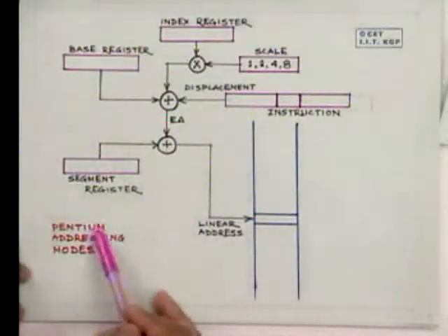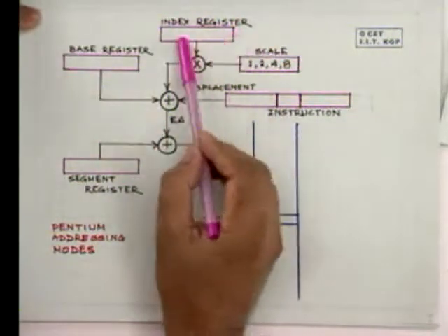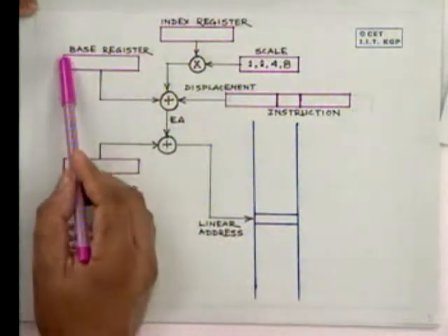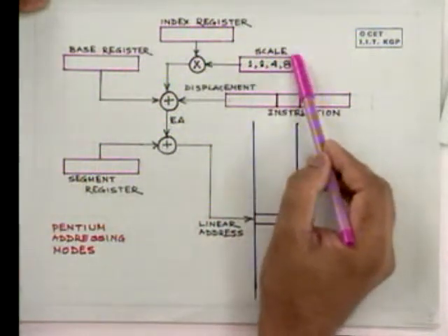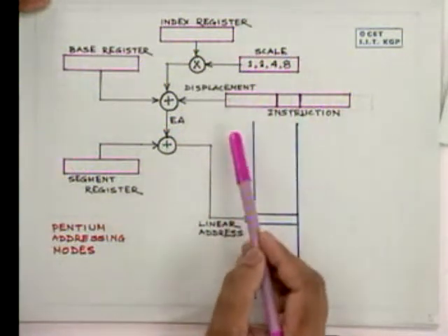Let us see what addressing modes the Pentium machines have. Now, this is the Pentium addressing mode. Here you see that it has an index register. Here there is a base register, there is a scale register, which can give either 1, 2, 4 or 8.